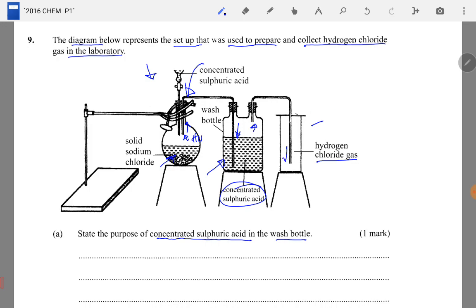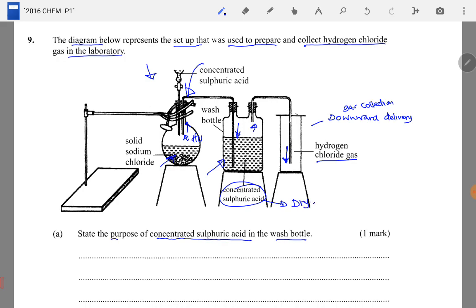The method of gas collection here, can you identify? The gas is being delivered downwards, so therefore the name is downward delivery. The purpose of concentrated sulfuric acid is to dry the gas.